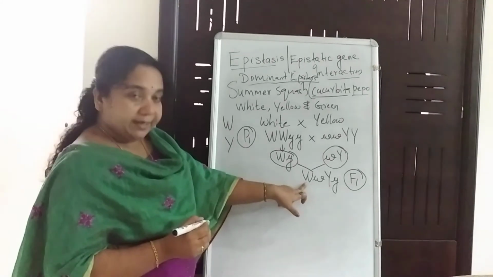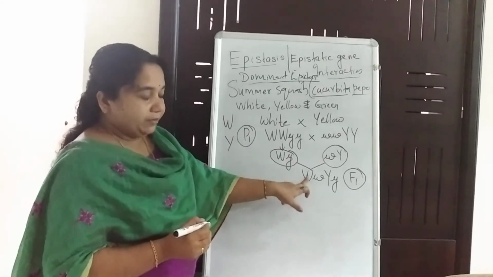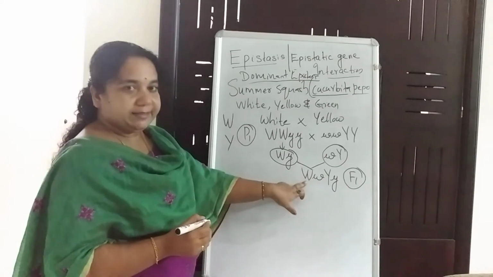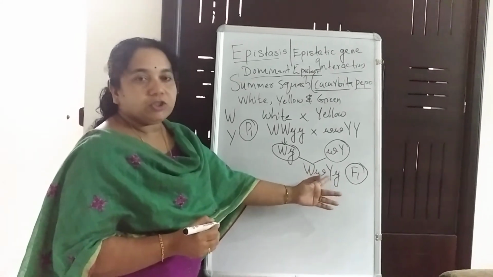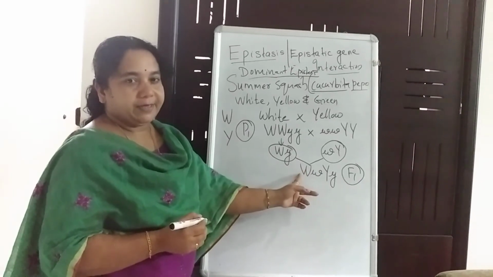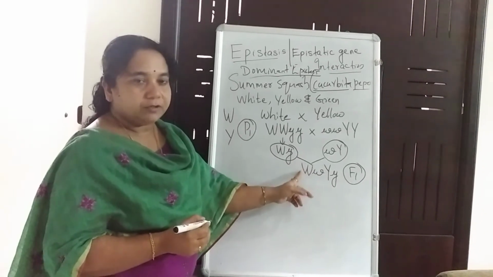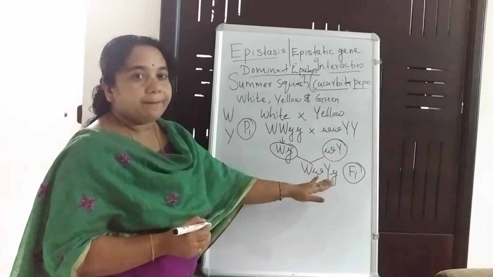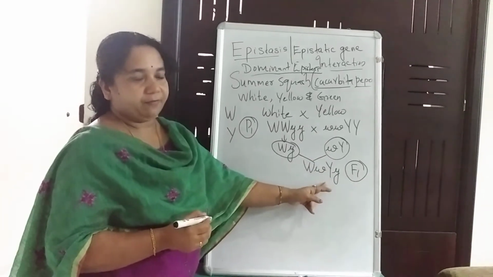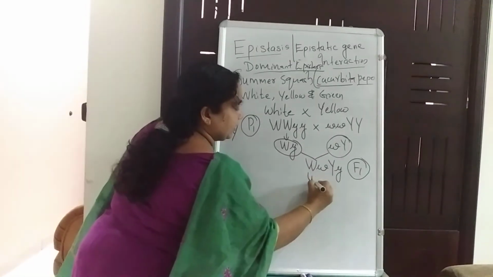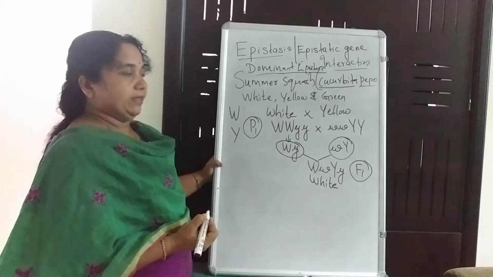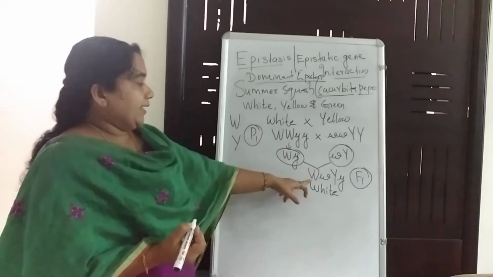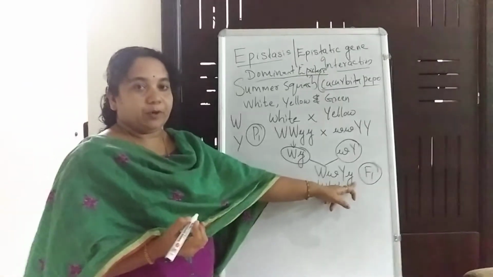Even though capital Y is there, the Y has no effect. Only capital W has effect, because capital W can suppress the expression of capital Y. So the expression is white. Here we get heterozygous progeny.